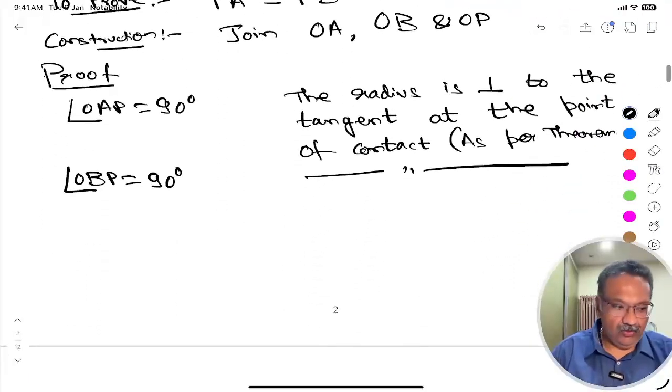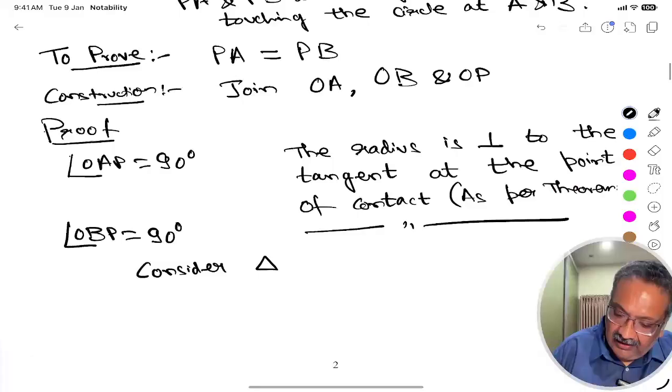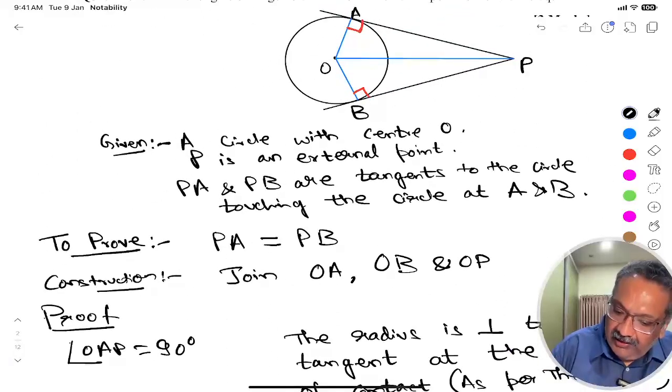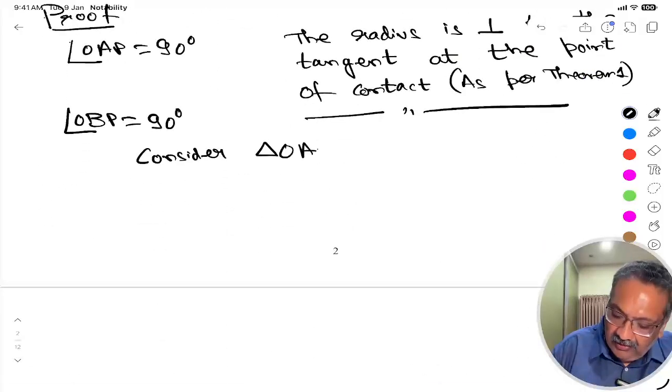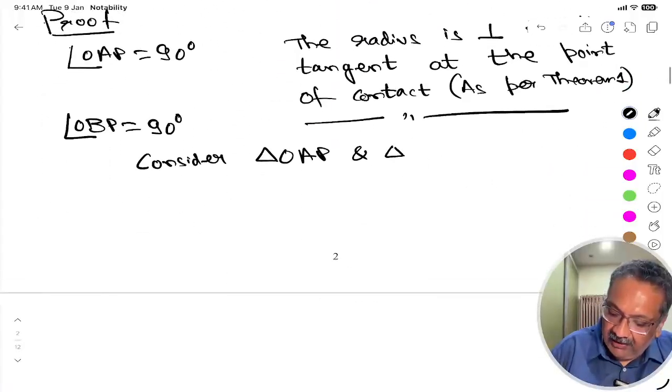Now, consider triangle OAP and triangle OBP. Which triangles?